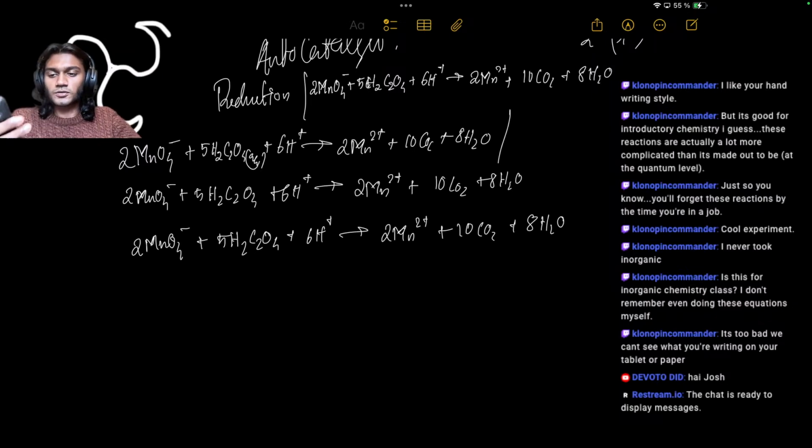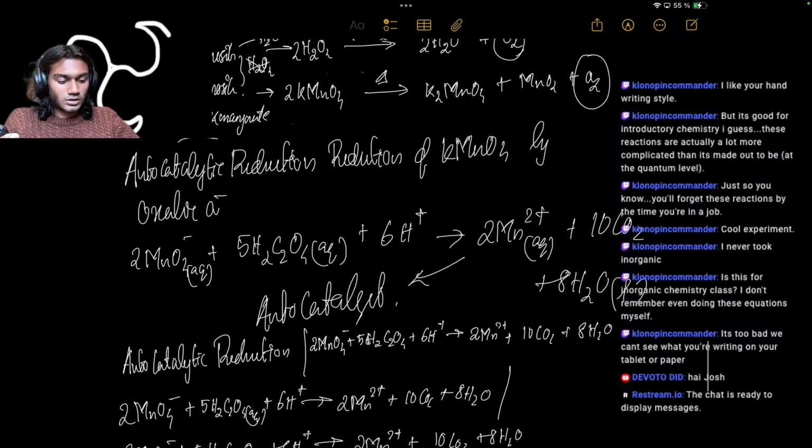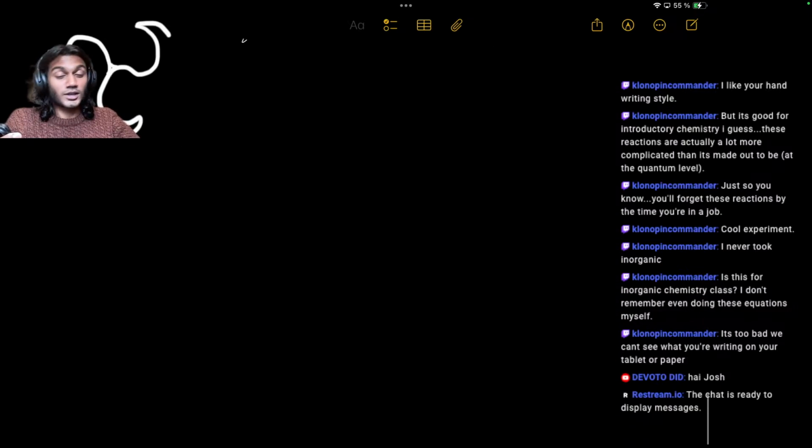Just so you know, you'll forget these reactions by the time you're in the job. I know, but it's good for introductory chemistry. I guess these reactions are actually a lot more complicated than it's made out to be at the quantum level. I like your handwriting style. Oh, dude, this is my fast handwriting.